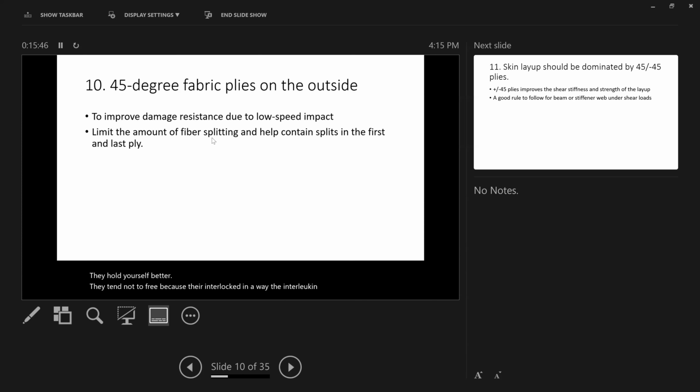So if you put this on the skin layer, even if you have some impact, you are less likely to have fiber splitting on the top and bottom surface. This improves the damage resistance due to low speed impact when you make a fabric layer on the outer side.